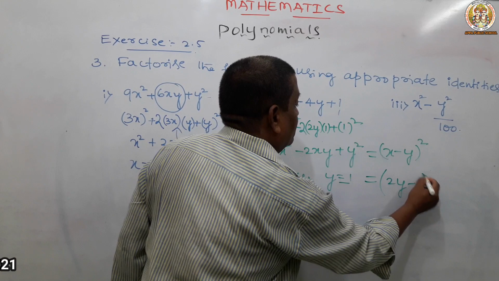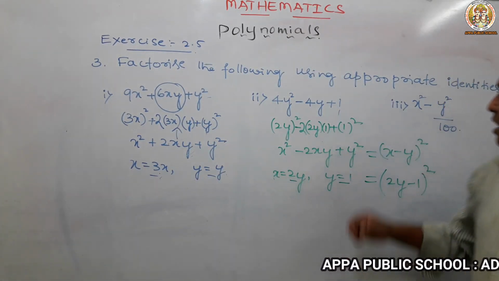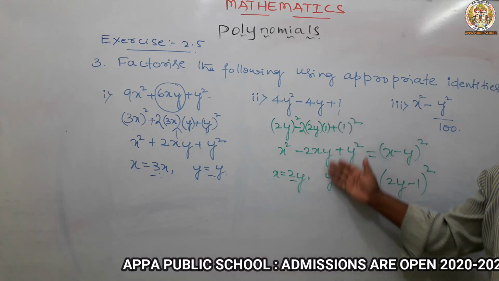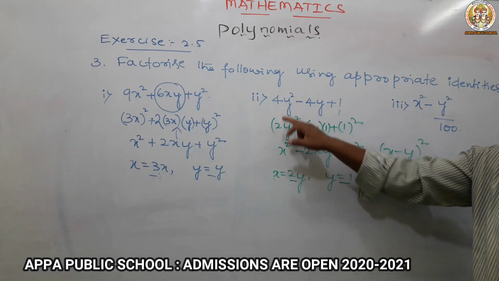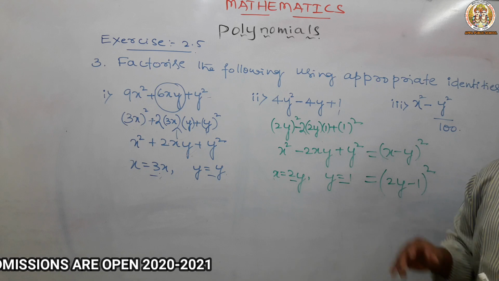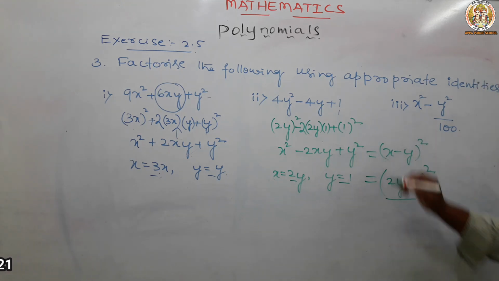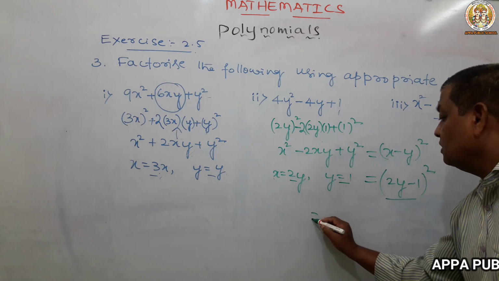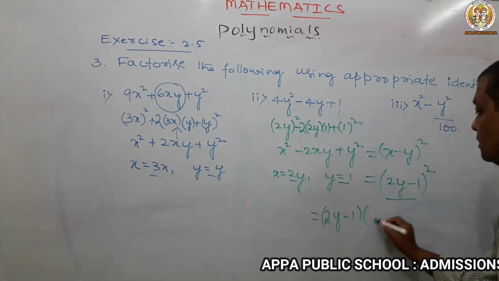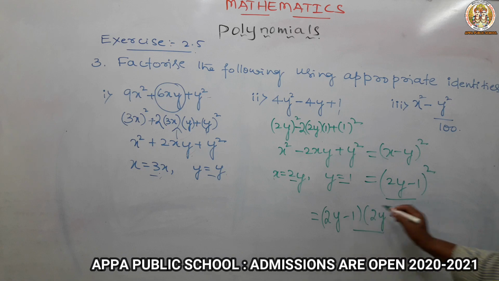2y minus 1 whole square. See how easily, without any stress, without any strain, I computed it by using this idea. So definitely it will help you to solve the maximum number of sums. Once again, you can write this in factors. So 2y minus 1, 2y minus 1. A square means a into a.